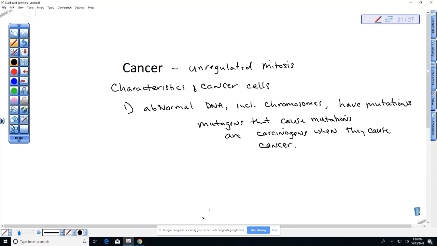The second thing about cancer cells is that they do not stop dividing when they become too crowded. Normal cells, if they become too crowded, they stop dividing. So we say that there is no contact inhibition.